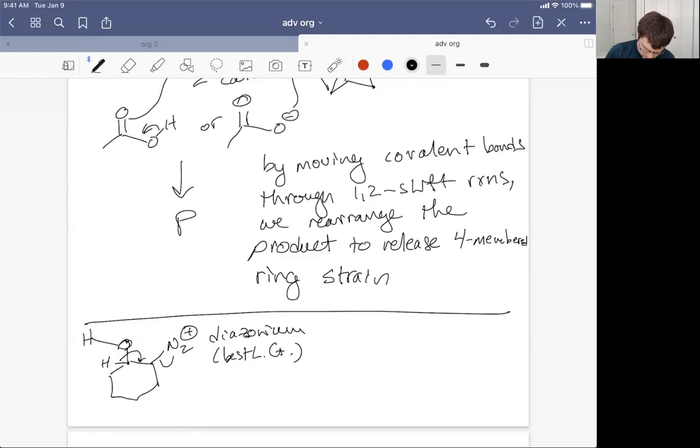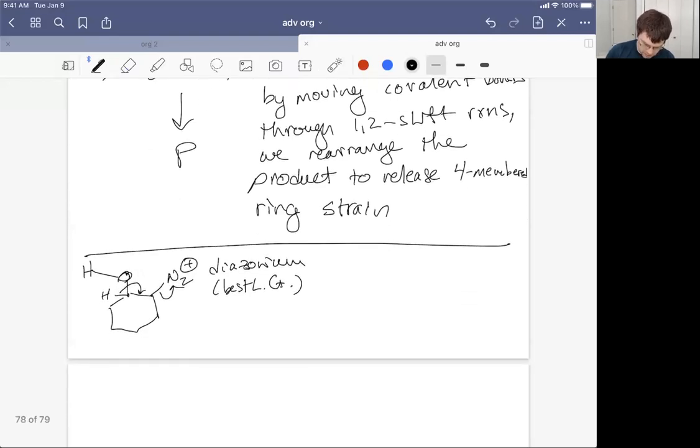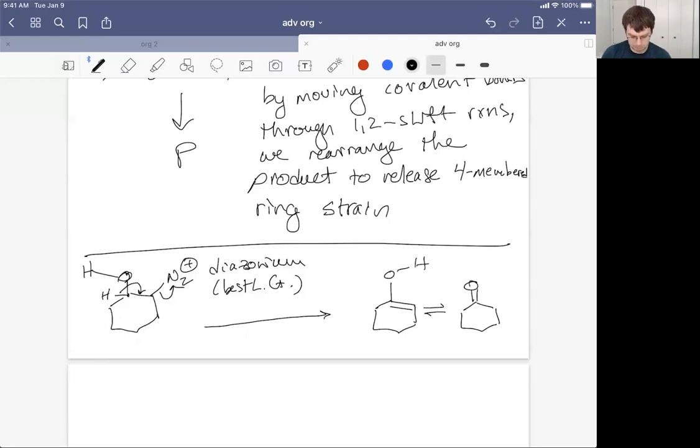And that will make a double bond between the two carbon atoms next door to each other. And we could push nitrogen off, giving us an enol intermediate, which could then spontaneously tautomerize to give a carbonyl. Okay.